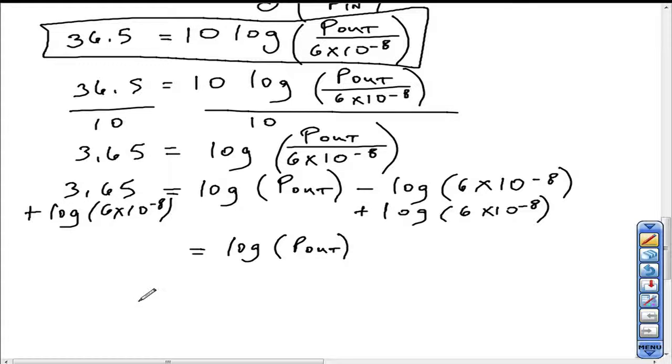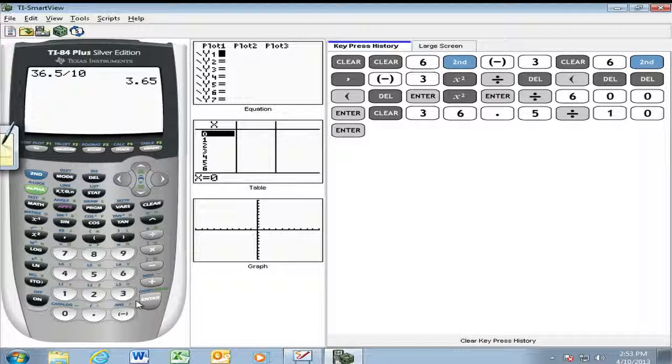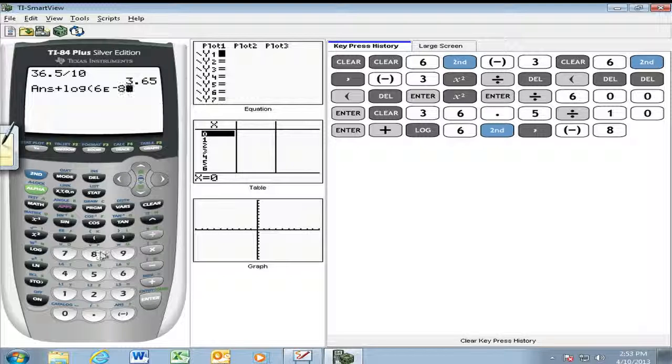So let's go ask our best friend. We already have 3.65 plus the log of 6, blue EE, there we go, to the negative 8.